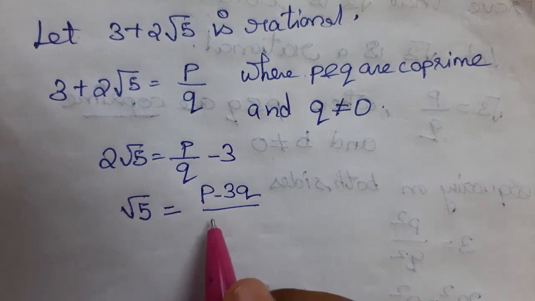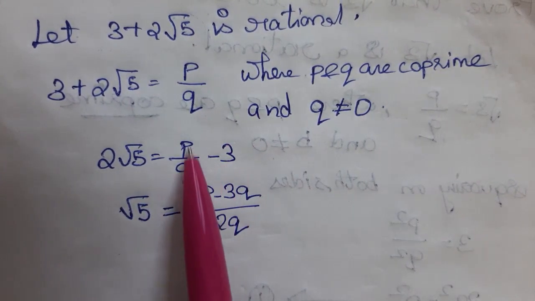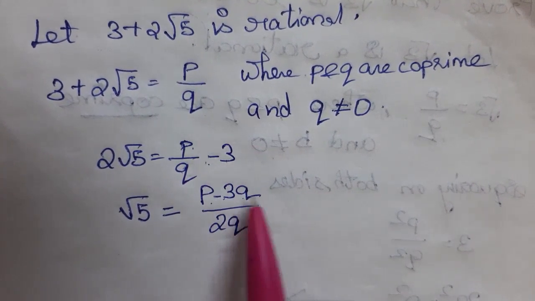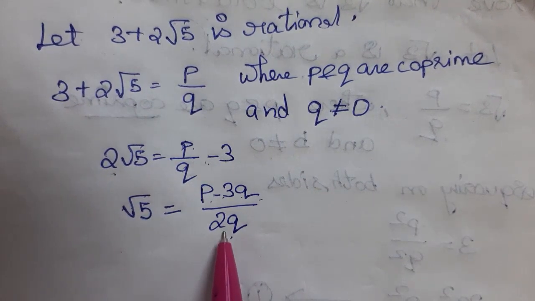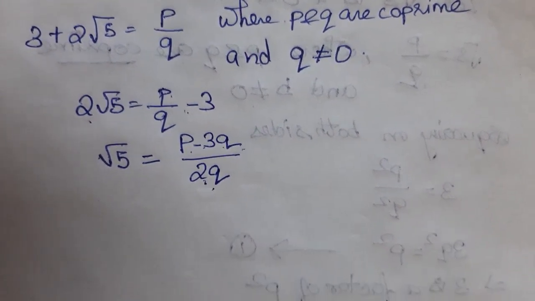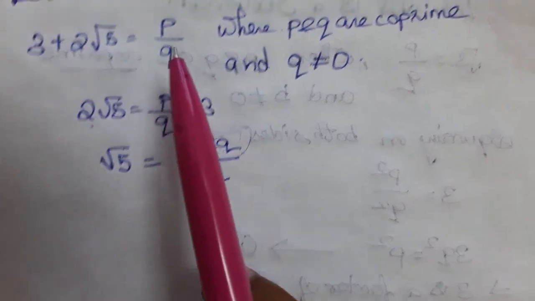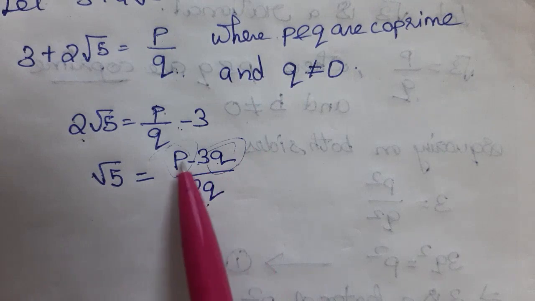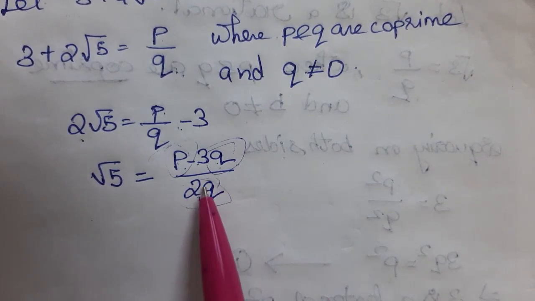But here 2 is there, so it will become 2q. Clear? We subtracted 3 from p by q and obtained p minus 3q by q, and here is the 2, so we divided by 2 on both sides, and it came to the denominator. Now you see here p is an integer, q is an integer, because we consider p and q rational. So integer minus integer is also an integer, and 2q is also an integer again.